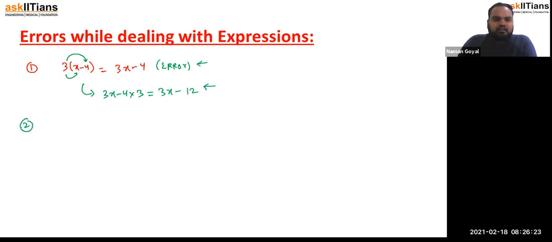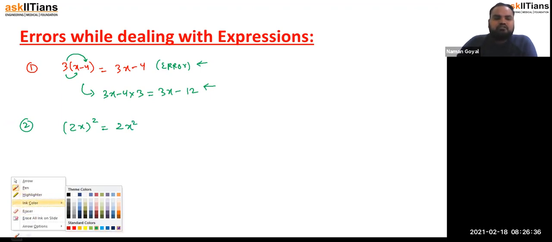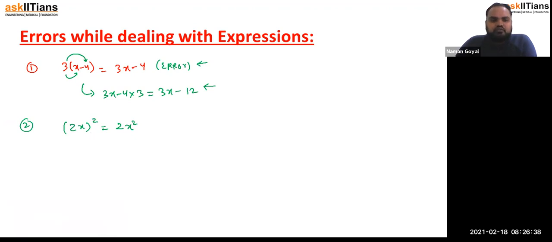For example, next, if we have (2x) whole square and somebody writes down (2x) whole square as 2x square, there is an error. And what is the error? Let's see. The error is that he takes the square of only x. He does not take the square of 2. So what we have to do?